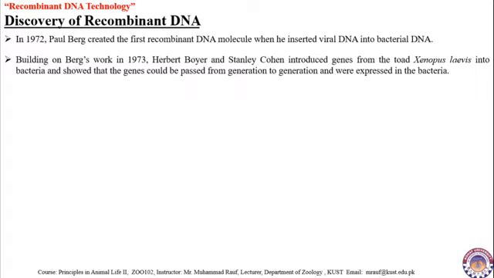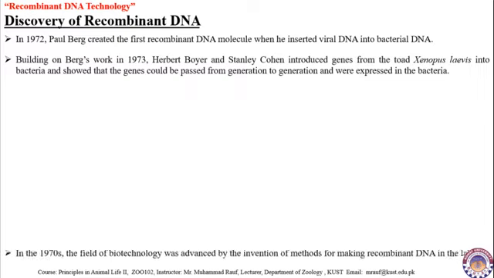Initially, Paul Berg inserted a DNA fragment from a virus into bacteria, but then in 1973, Herbert Boyer and Stanley Cohen moved one step ahead and introduced a eukaryotic gene into a prokaryote, and they successfully observed the expression of that eukaryotic gene in a prokaryotic system.